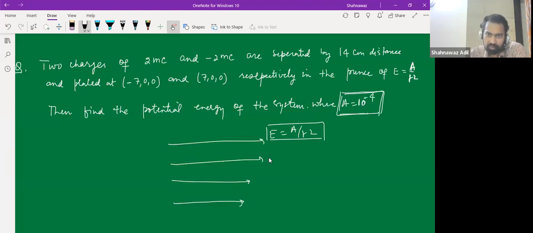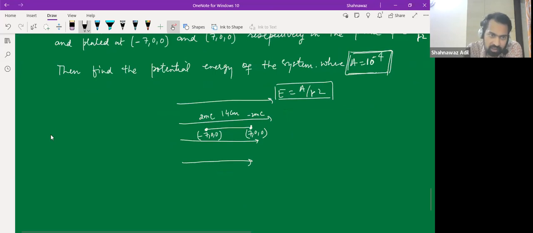We have two charges placed: this is 2 millicoulomb, placed at minus 700, and this is 14 centimeter, and then this one, which is minus 2 millicoulomb, is at 700. Then we have to calculate the potential energy. To calculate it, we know that this would be Q1 V1 plus Q2 V2 plus K Q1 Q2 by R. Right, guys?